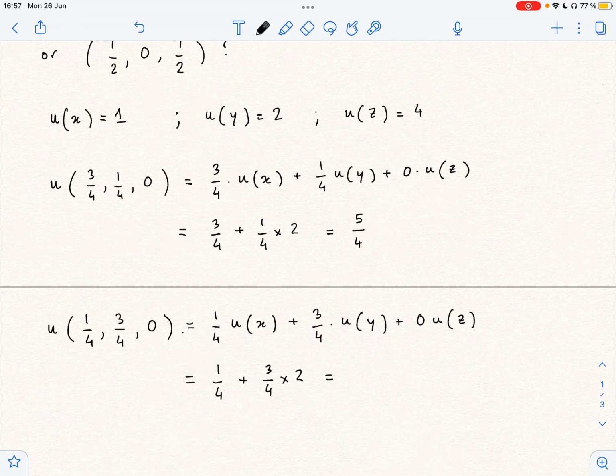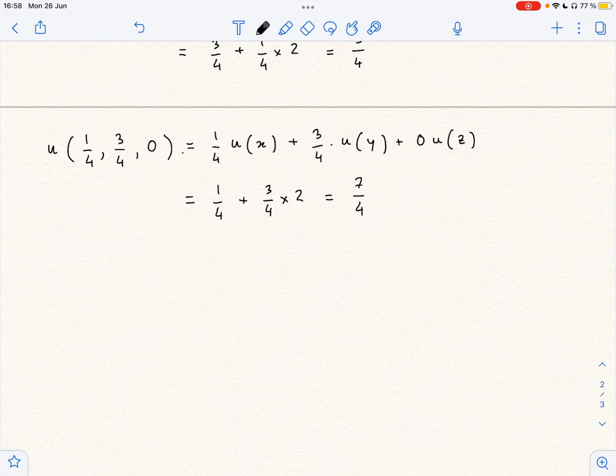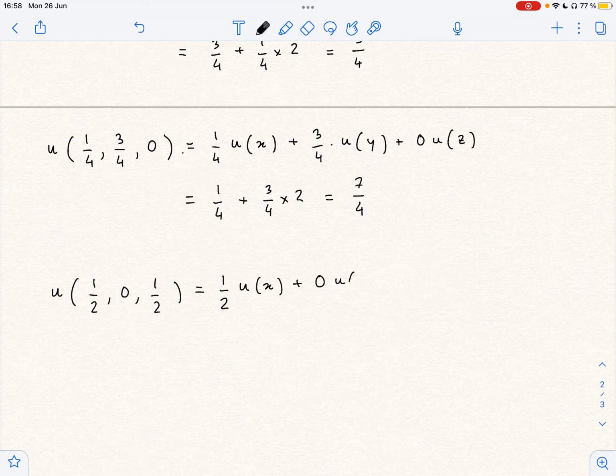Okay? But what about this one, which gives some positive probability to the two extreme alternatives? Here, the utility from this lottery, again using the expected utility framework, would be 1/2 times u of x plus 0 times u of y plus 1/2 times u of z. And this would be equal to 1/2 times 1 plus 1/2 times 2, which is equal to 3/2, right?